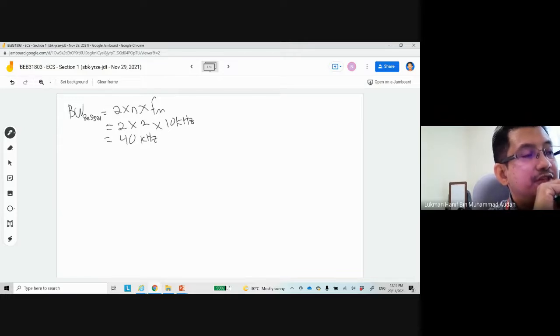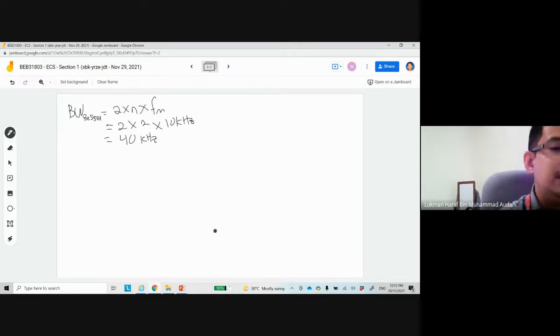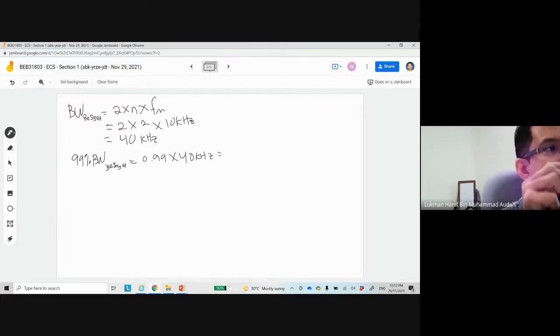If 99% of the bandwidth, berapakah 99%? Okay, so 99% bandwidth Bessel is equal to 0.99 multiplied with 40 kilohertz. So this is around 39.6 kilohertz.